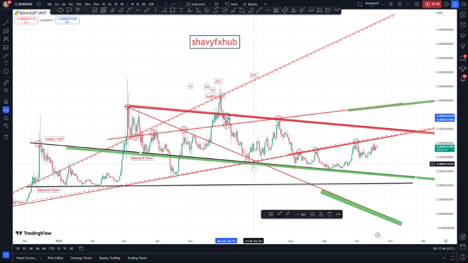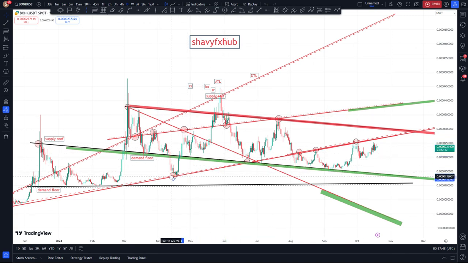And so here we have SR, also a demand floor.